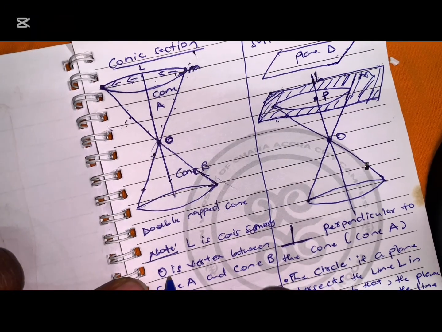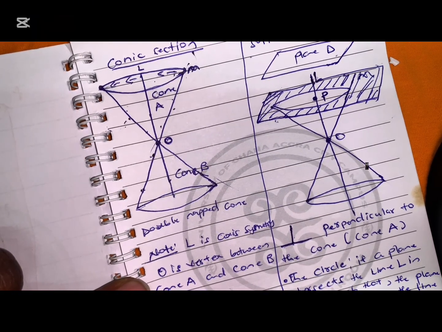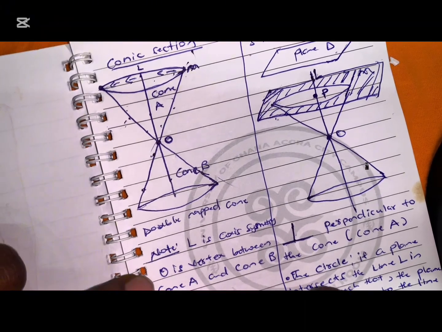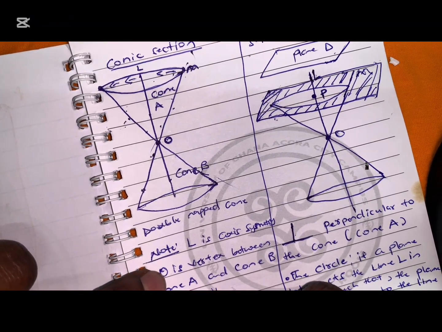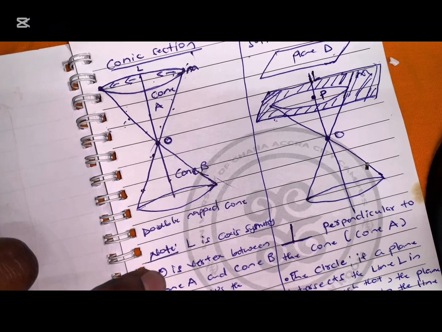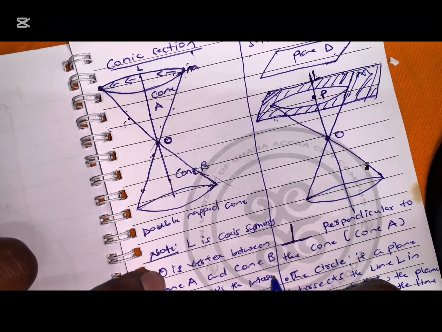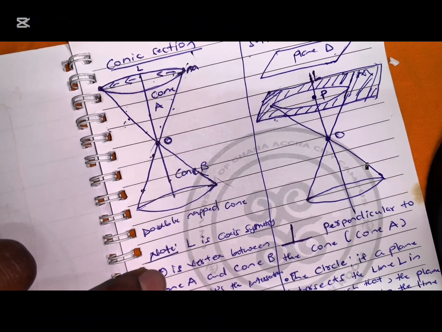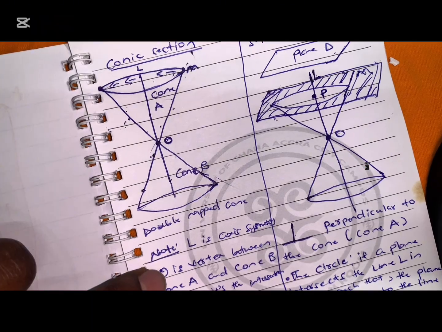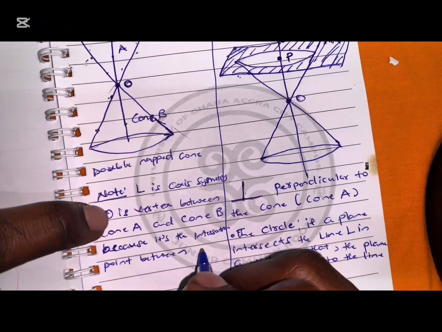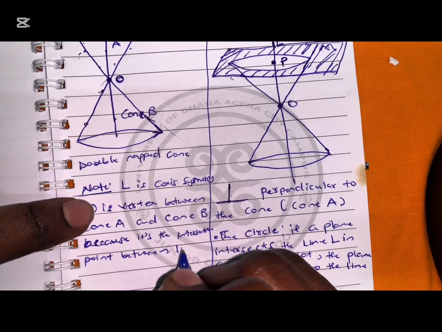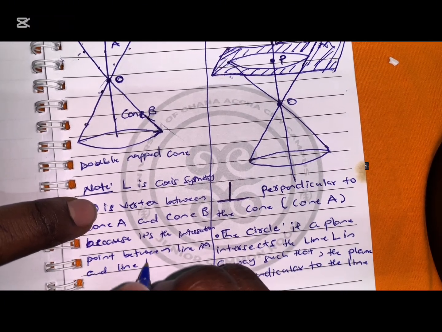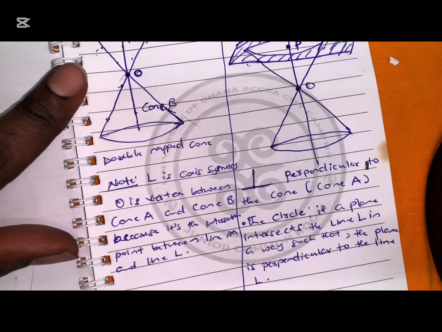Because this same O is the intersection point between line M and line L. Good.